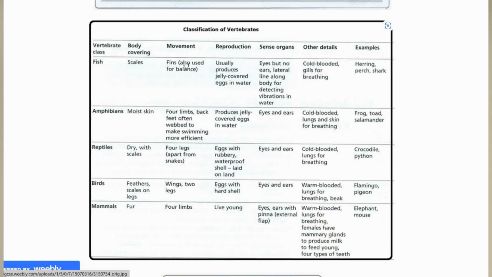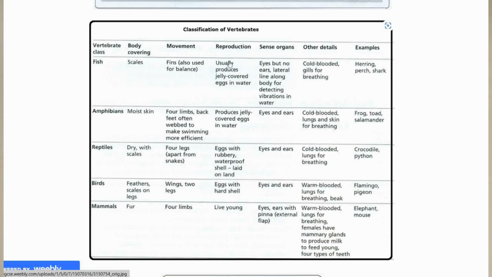Then if you consider movement, it is also different. Fishes make use of their fins, and the fins are also used for balancing. Amphibians make use of their forelimbs, and they have webbed feet, which can also be used for swimming. Reptiles have 4 legs, apart from the snakes. Birds have 4 limbs, divided into 2 wings and 2 legs. And mammals have 4 limbs as well.